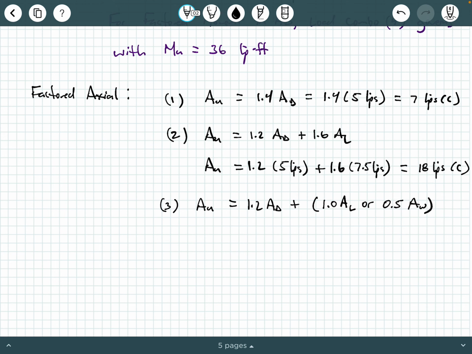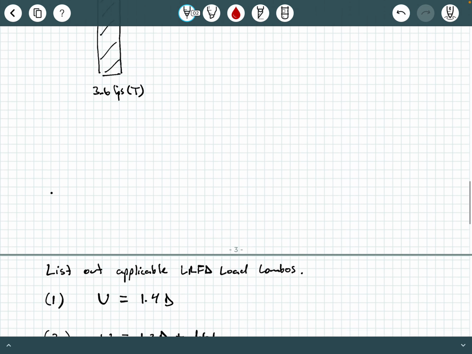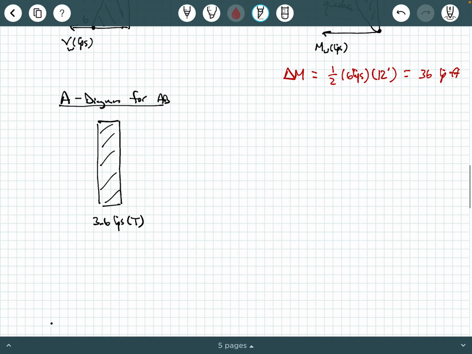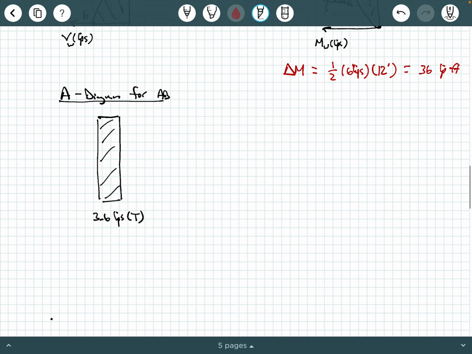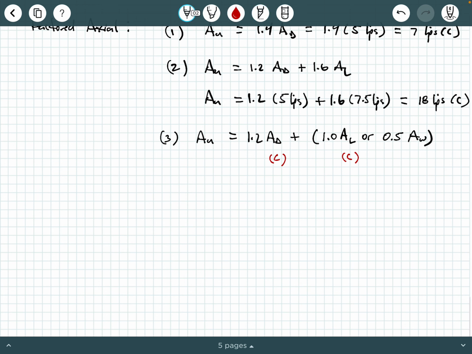Here's where we have to be careful, okay? Remember from our service load analysis that A dead and A live are both in compression. I'll make a little note here. Both of these were in compression. But what was the axial load in AB due to the wind load? Let's look at our wind load analysis. That was 3.6 kips in tension, okay? So you got to be very careful here because these are going in opposite directions.